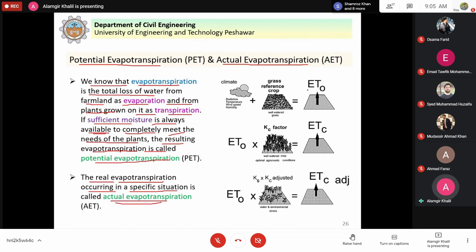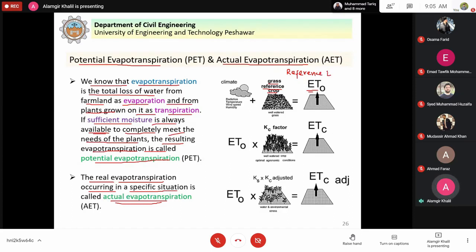Now, what is the concept of these two? So you can see here that this ETO is also known as the reference evapotranspiration or the potential evapotranspiration, but it's commonly called the reference because it is for a reference crop such as a grass. You will see this terminology when you discuss evapotranspiration.